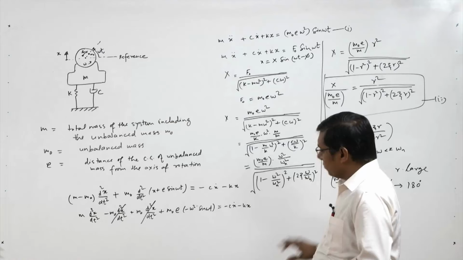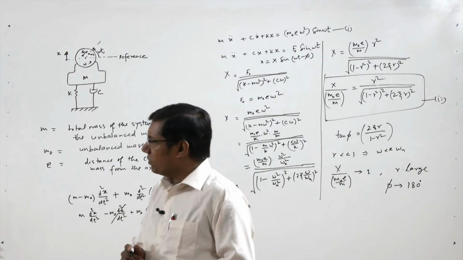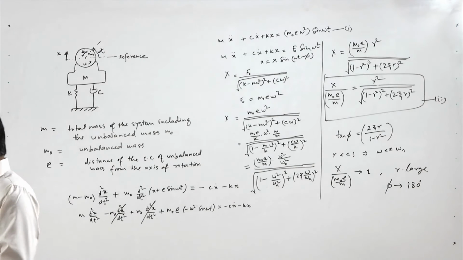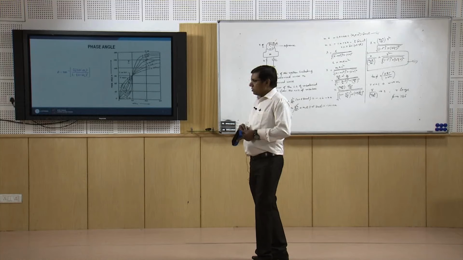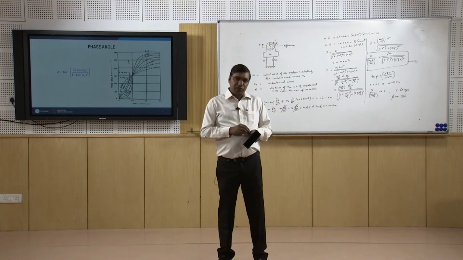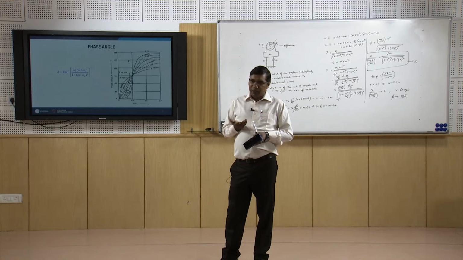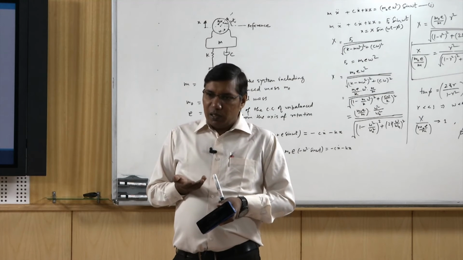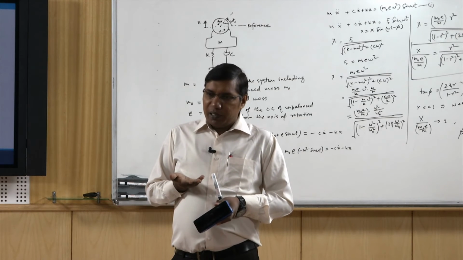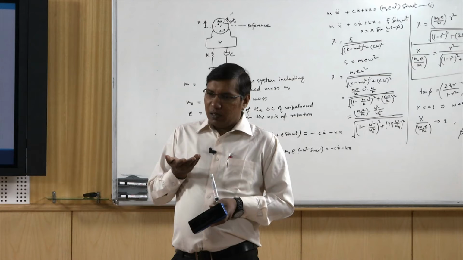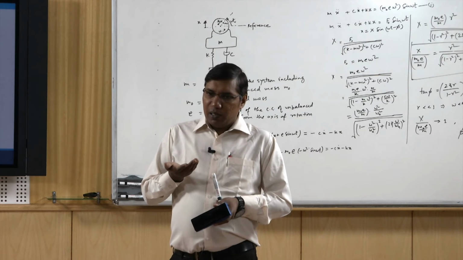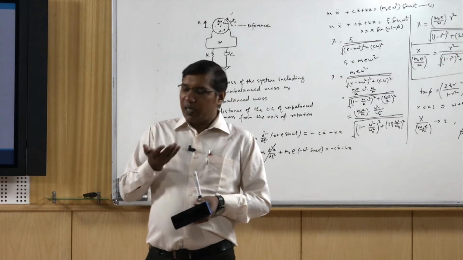It means that when r is large, the unbalanced and balanced mass vibrate out of phase. So if m minus m0, that is the balanced mass, is vibrating upward, the unbalanced mass will be downward. So they are out of phase.